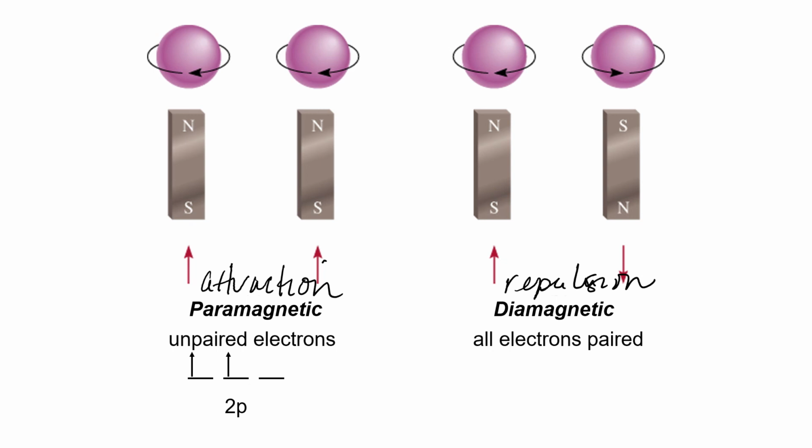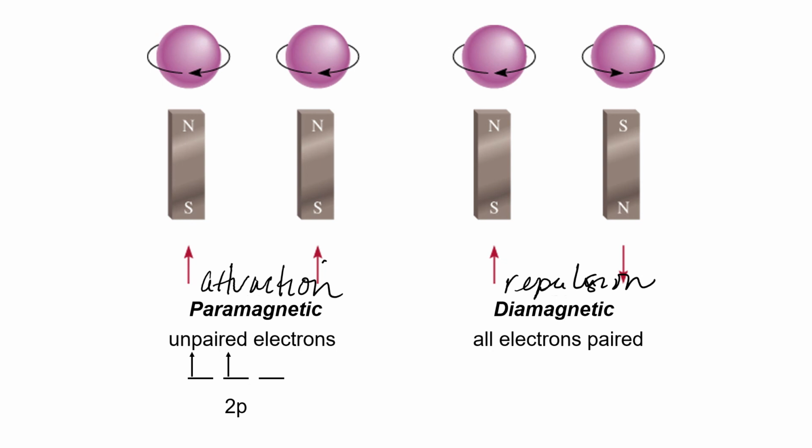Basically what this boils down to is diamagnetic substances do not contain net unpaired spins and are slightly repelled by that magnet. That means all spins are paired, versus the paramagnetic substances that do contain net unpaired spins and are attracted by that magnet. As a rule, any atom with an odd number of electrons will always have one or more unpaired electrons.